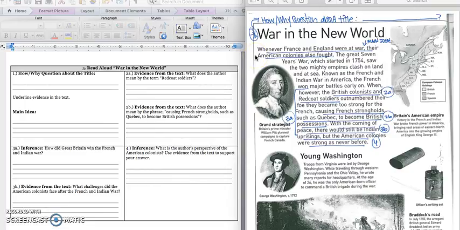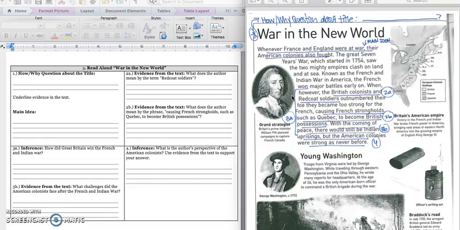Whenever France and England were at war, their American colonies also fought. The Great Seven Years' War, which started in 1754, saw the two mighty empires clash on land and at sea. Known as the French and Indian War in America, the French won major battles early on.